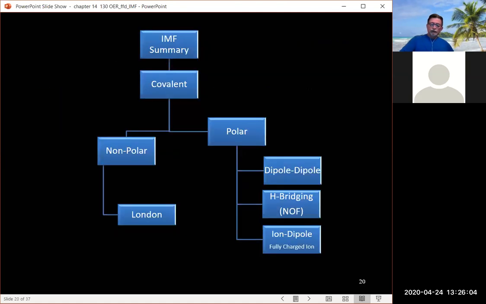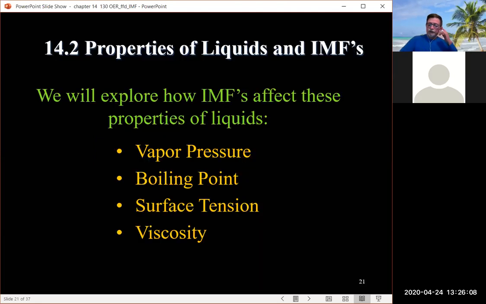So with that information, once we can determine what force is involved, we can look at these properties and compare 2 different compounds and determine which one you would predict to have a higher vapor pressure, boiling point, surface tension, or viscosity. Now, what is vapor pressure?